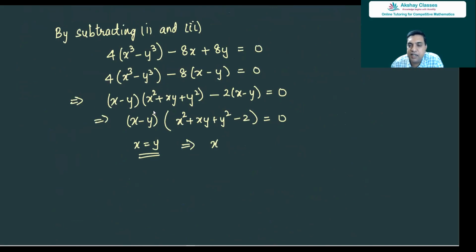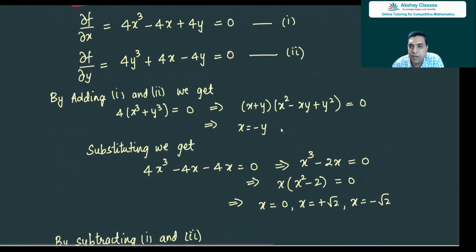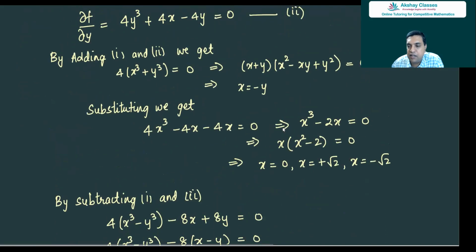This gives x equal to 0, y equal to 0. So in the previous case, when x equal to 0, y is minus x, 0. Here y will be minus root 2, and here y will be plus root 2.